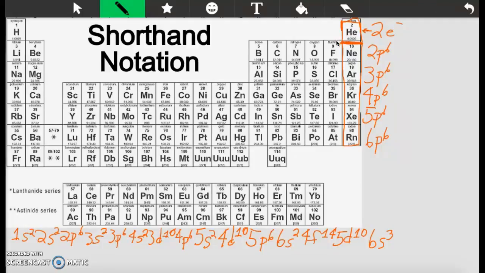Now again, with the exception of helium, because helium doesn't fit in, we have a pattern here. All your noble gases end in a p6.